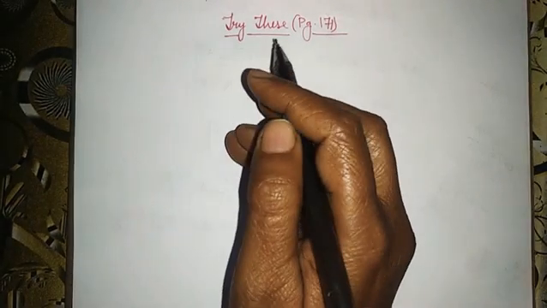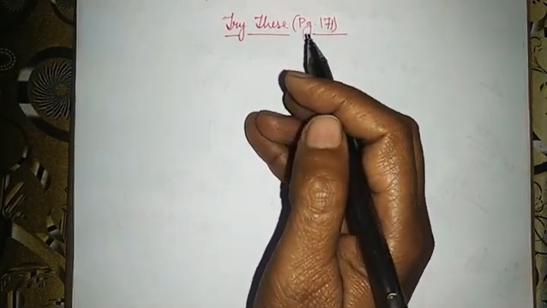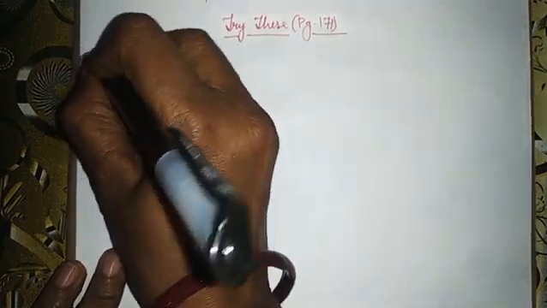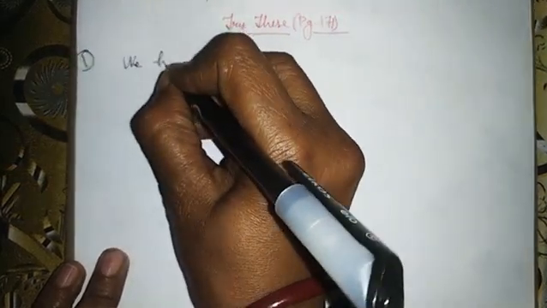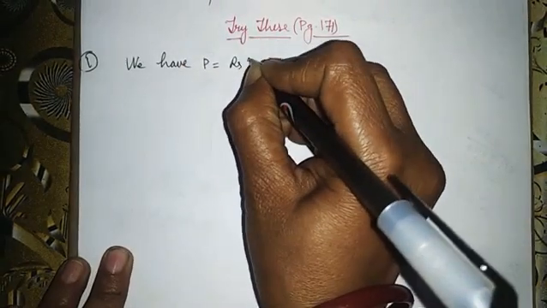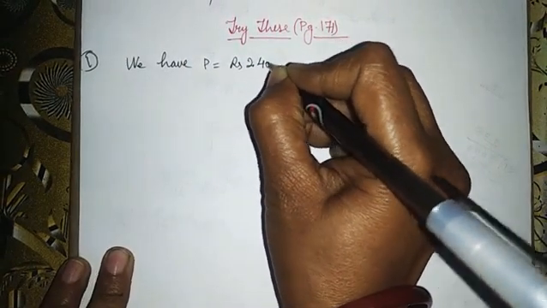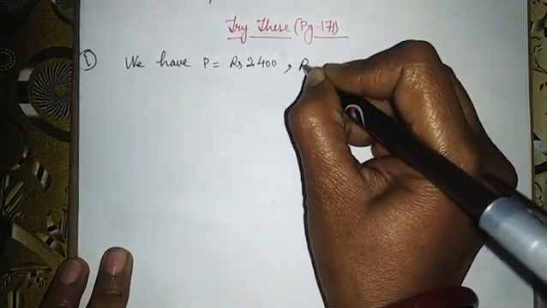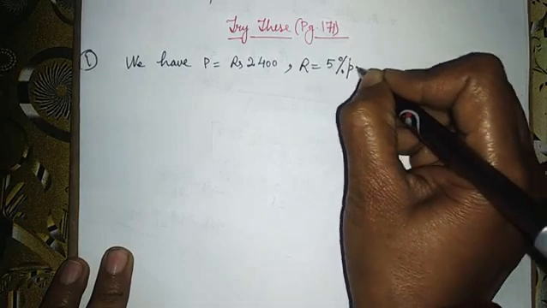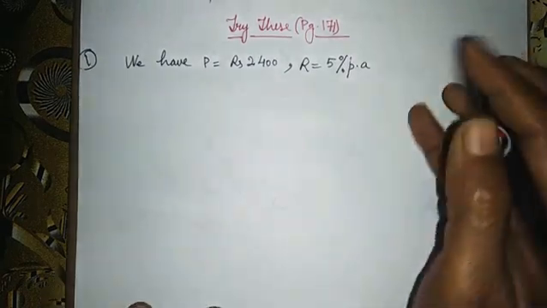Now here students, principal is rupees 2,400. Here we will write P is equal to rupees 2,400 and rate is 5% per annum.